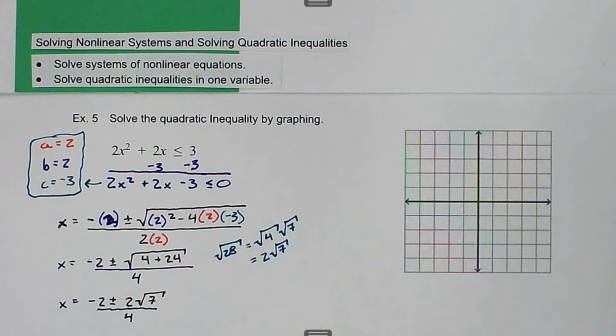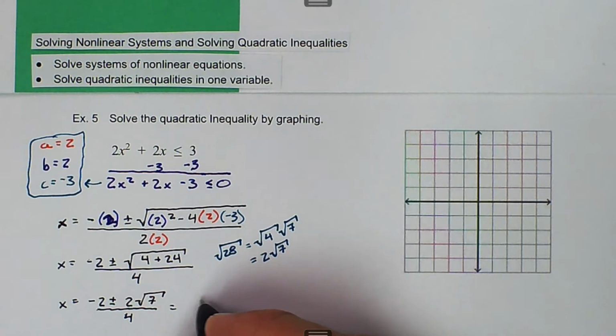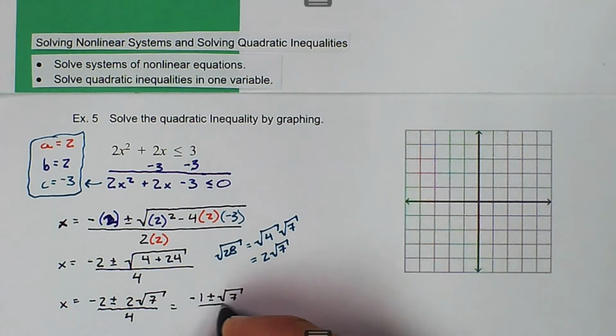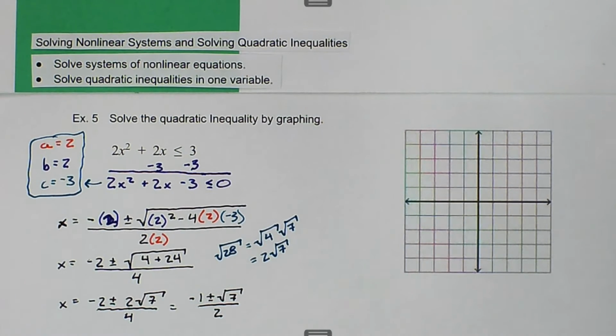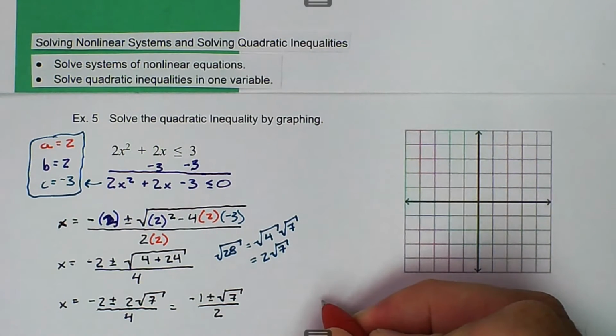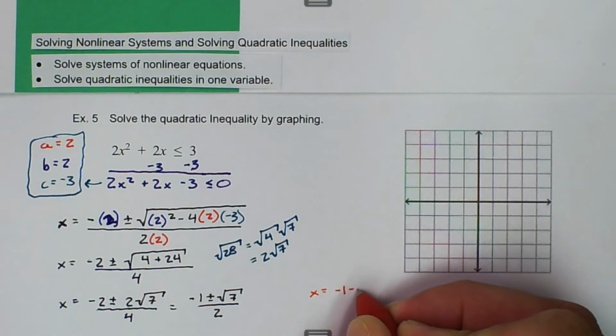And another way that we can write that, because we can divide 4 into 2 and 4 into this 2, so we get negative 1 plus or minus the square root of 7 divided by 2. Now, we have two different zeros here, right? Because we have the plus and then we have the minus. So one of our zeros is going to be x equals negative 1 minus the square root of 7 divided by 2.